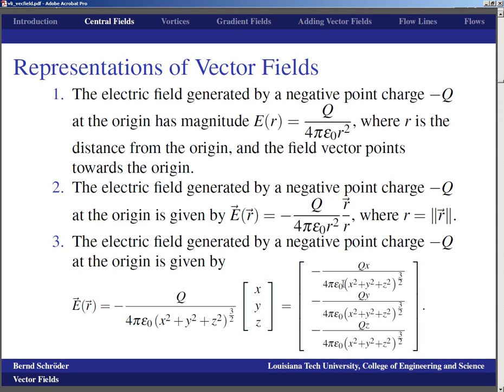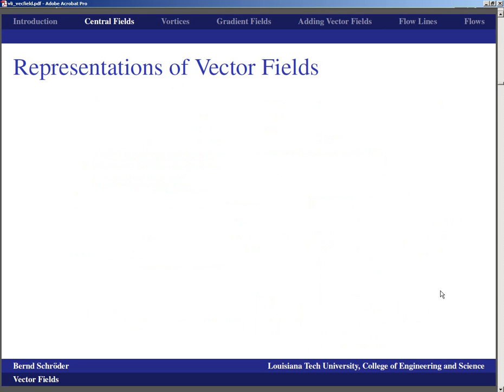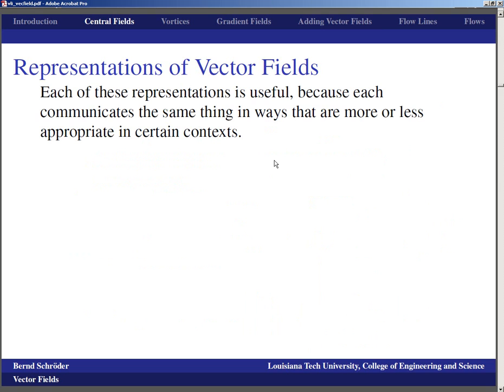The more complicated situation is sometimes we may also have a vector field where we have to translate from something like this to something like that, or something like that, because we want to attach meaning to what the symbols tell us. But when we get there, we will do so. Okay, so each of these representations basically is useful.